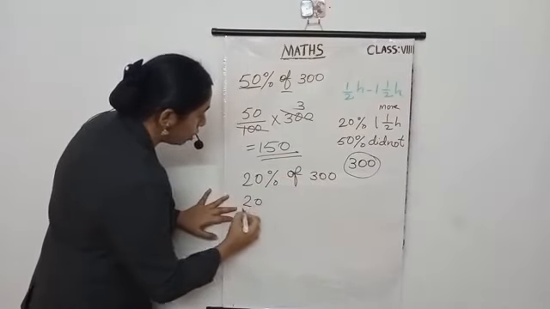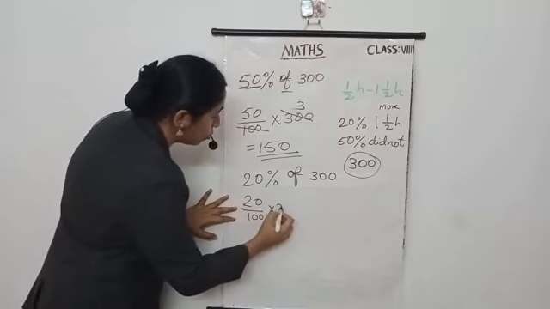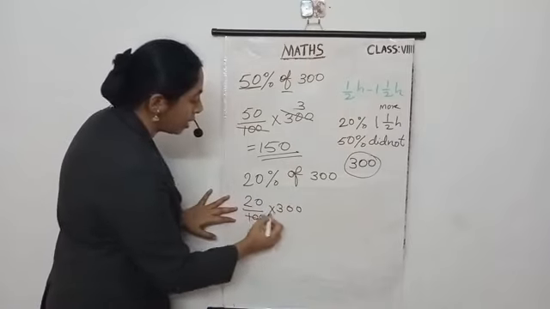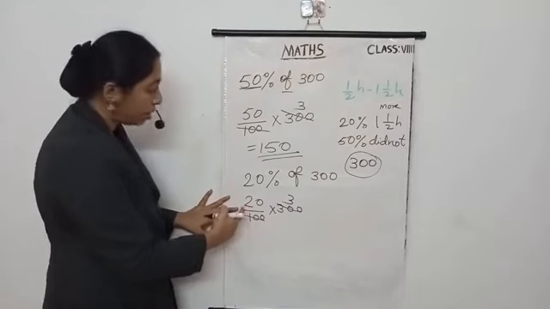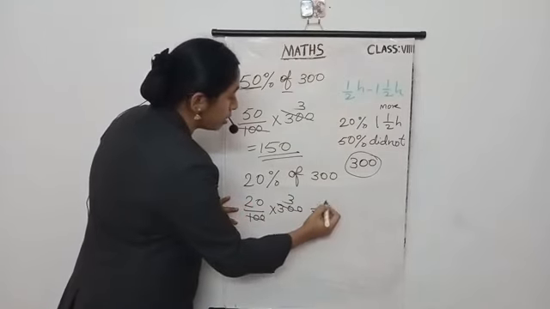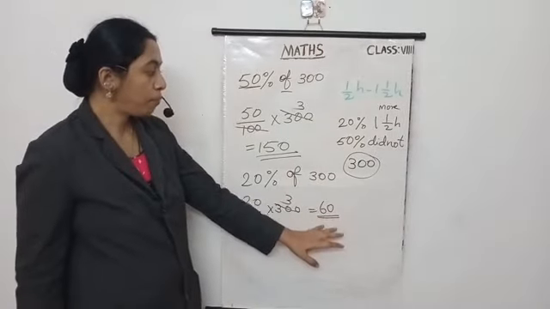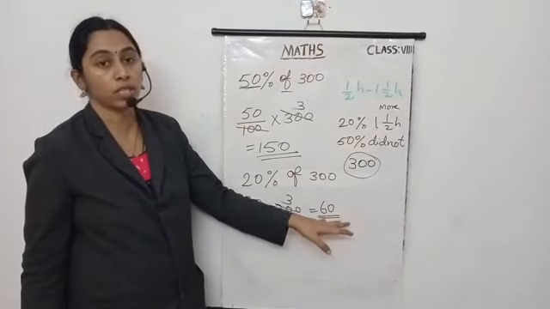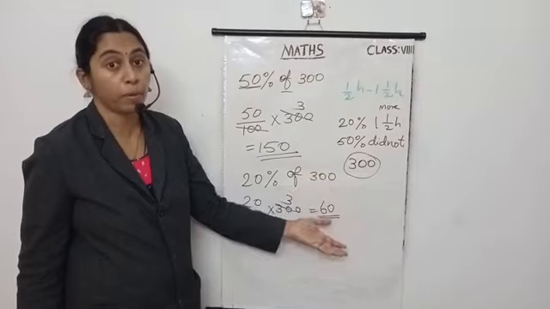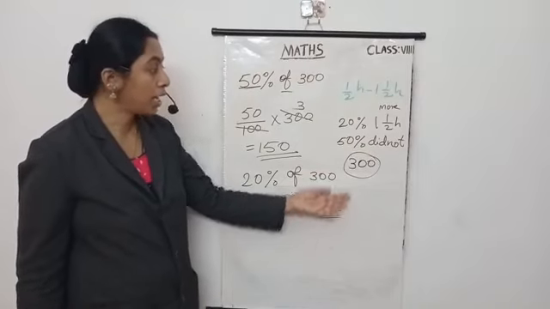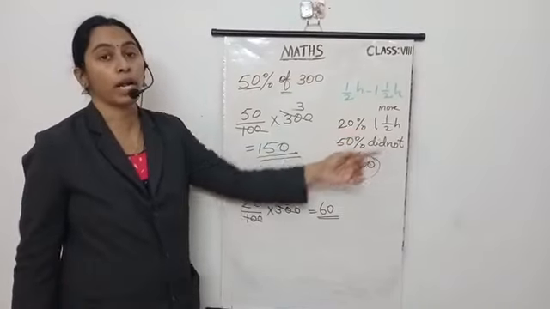That is 20 by 100 into 300. Again 100 into 3, 300. 3 into 20, 60. 3 2s are 6, then 60. So 60 people, people means parents. 60 parents helped more than 1.5 hour.